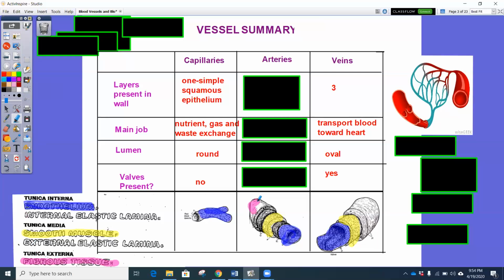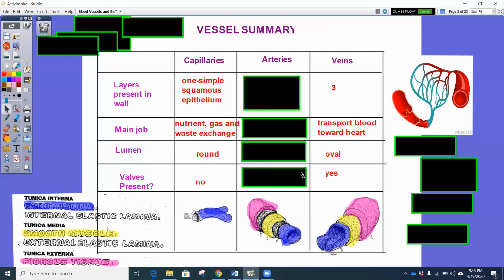And it is also found on the artery. So we'll color it in on both vessels. Here on the artery and then on the vein as well. This makes up your three layers of the vein. We have endothelium, fibrous connective tissue, and smooth muscle in the middle. And again, the purpose of that vein is to get the blood back towards the heart.